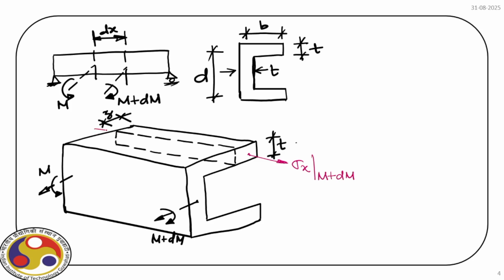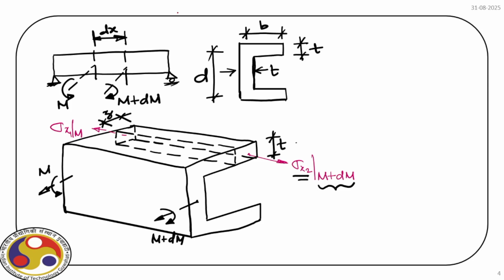At this end, we'll have sigma x due to M. Now, obviously, the magnitude of the moment here is more than what we have on the other side. Therefore, the value of stress here on the right hand side will be more, right? Let this be sigma x2, and this is sigma x1.